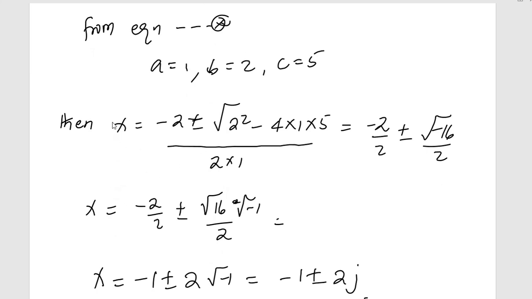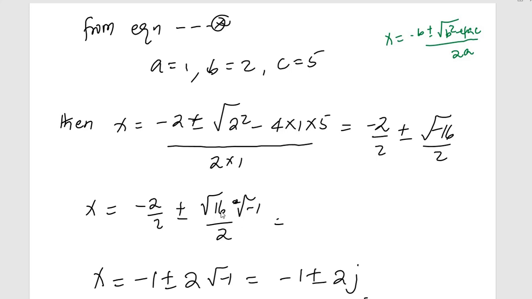Therefore, if we substitute in the quadratic formula, which is always x equal to -b plus or minus the square root of b squared minus 4ac, everything divided by 2a, we get x equal to -2 plus or minus the square root of 16, because this is 2 squared, minus 20, which gives -16.